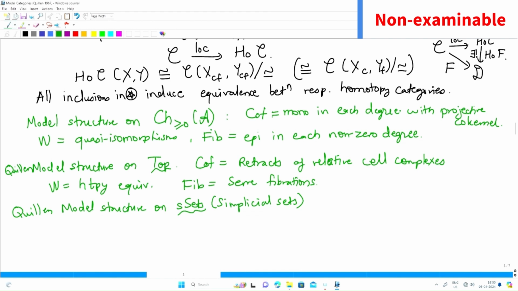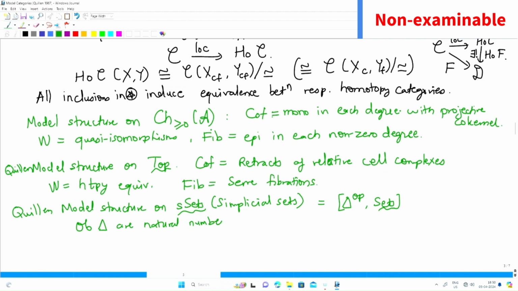We should describe what they are. This is the category of contravariant functors on a relatively simple category, Delta. Objects of Delta are natural numbers, and if you remember my rule in this class, in any foundational course, 0 is a natural number.